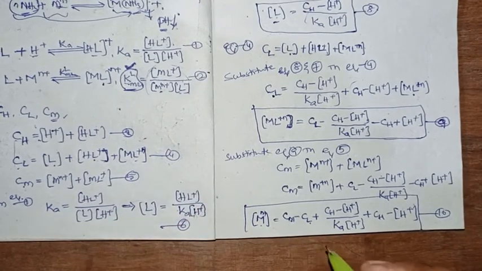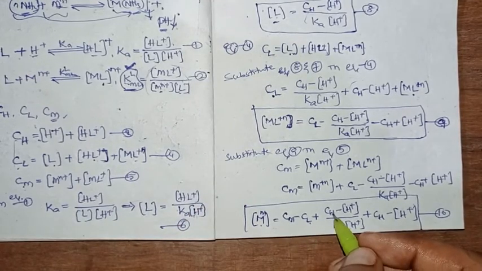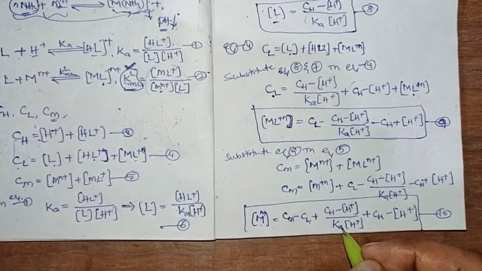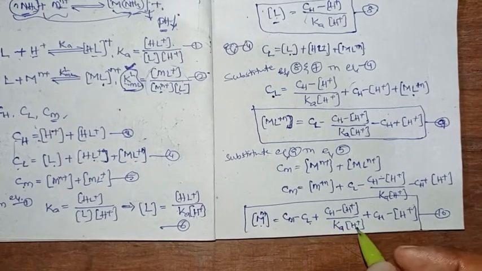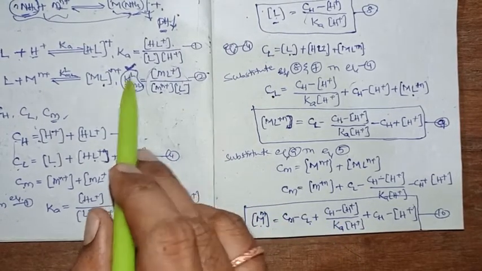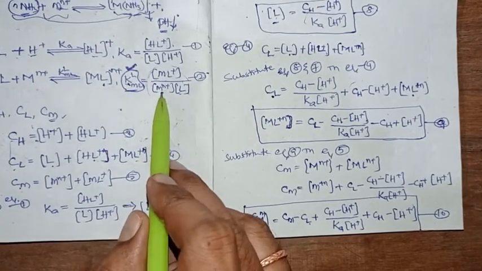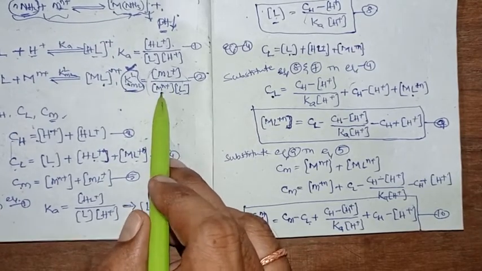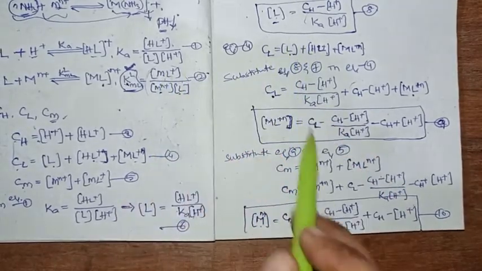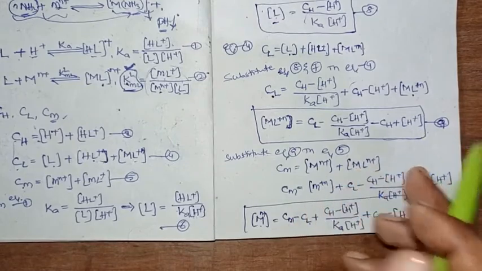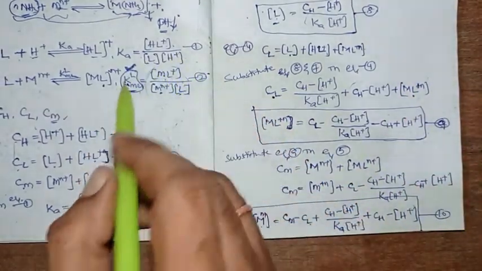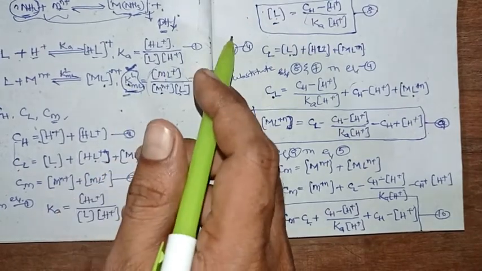Total metal concentration is known, total ligand concentration is known, total proton concentration is known, association constant is known to us, all these are known terms, right? So to have the stepwise stability constant, the three terms, the remaining metal ion concentration, remaining ligand concentration, and complex concentration, we have converted all into known terms, substituting equations 8, 9, 10 in equation number 2, which results in the stability constant equation.